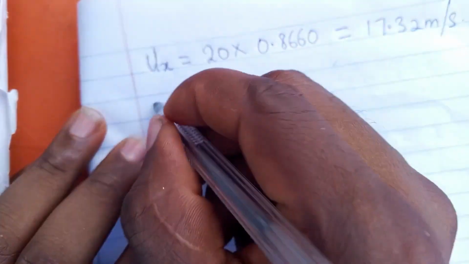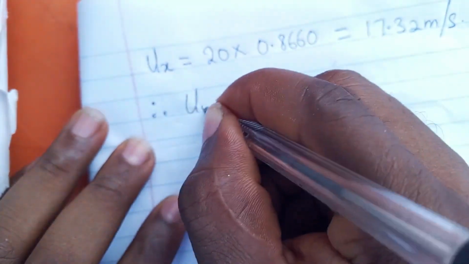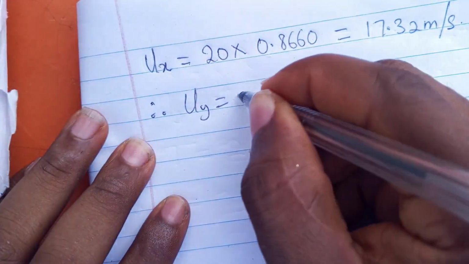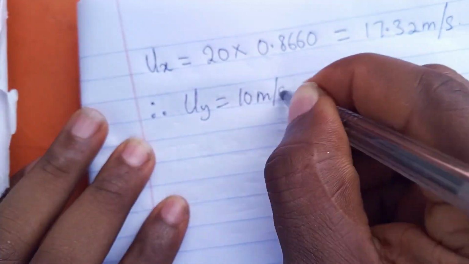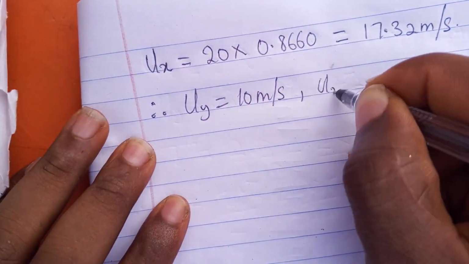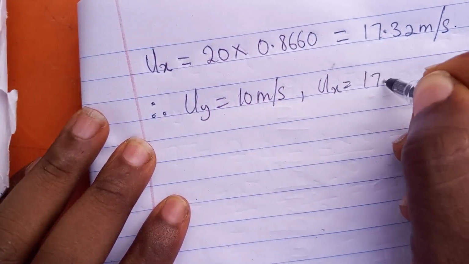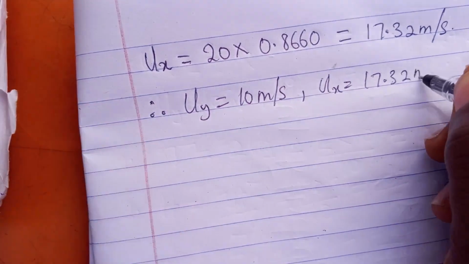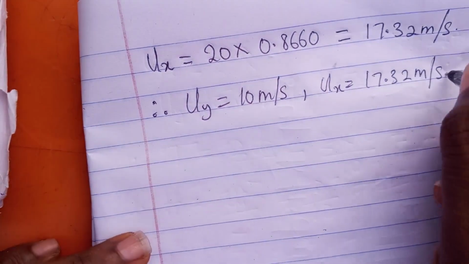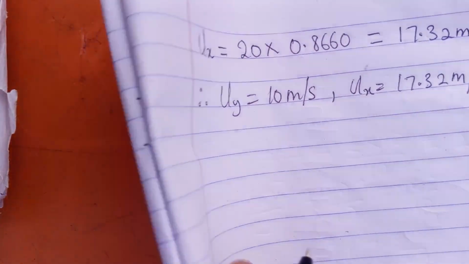So our uy is 10 meters per second and our ux is 17.32 meters per second.